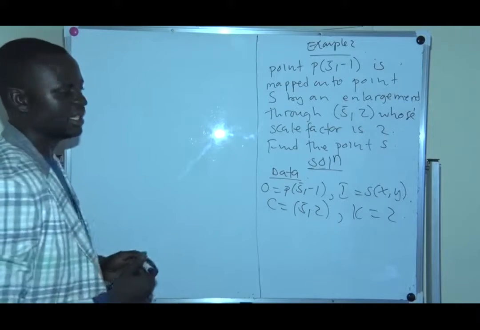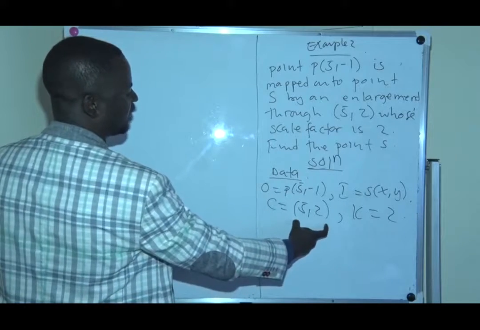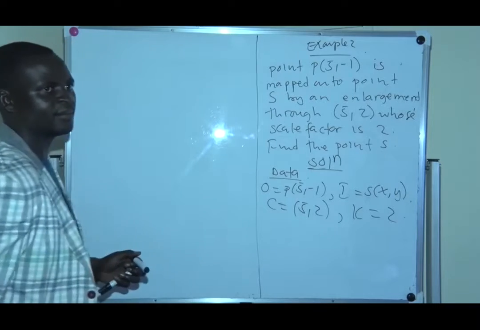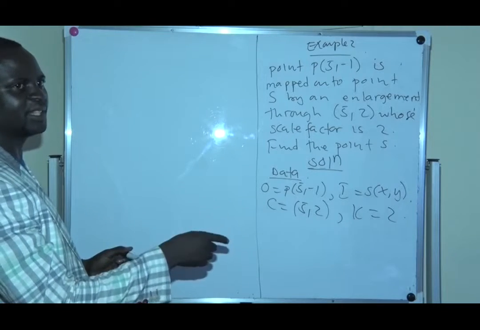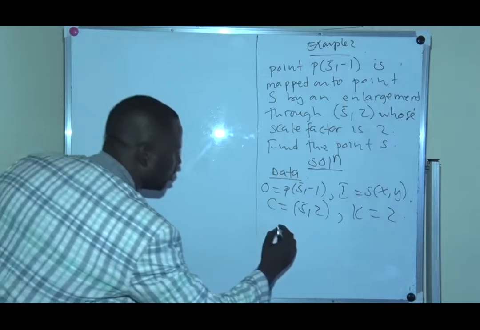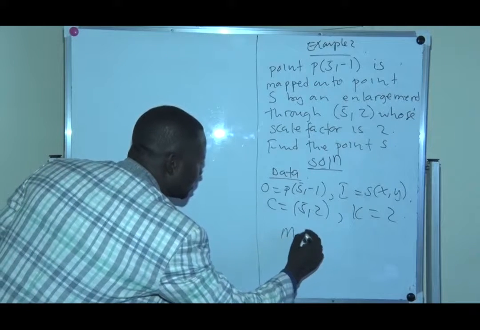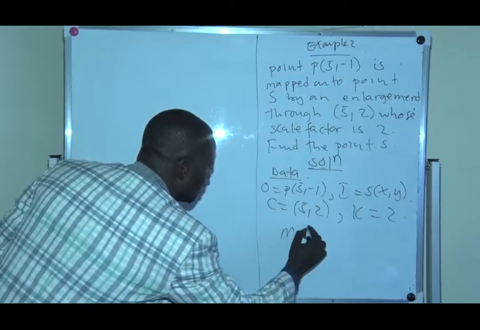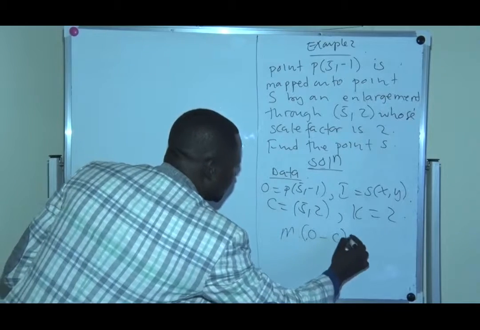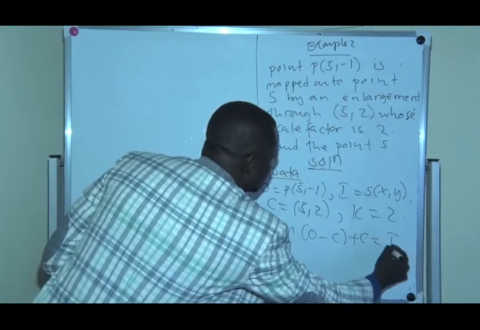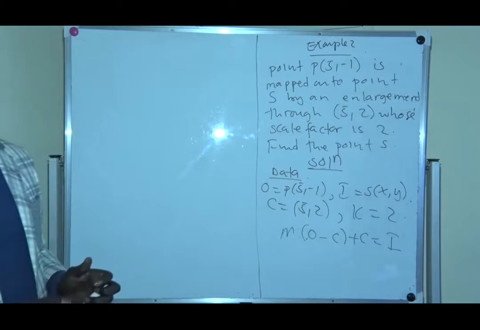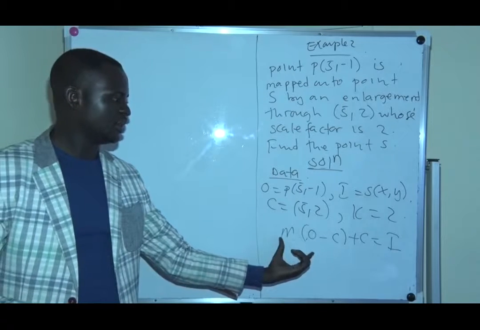Now remember, the center of enlargement is not the origin. So the formula that becomes applicable is matrix times (object minus center) plus center gives you the image. Why?